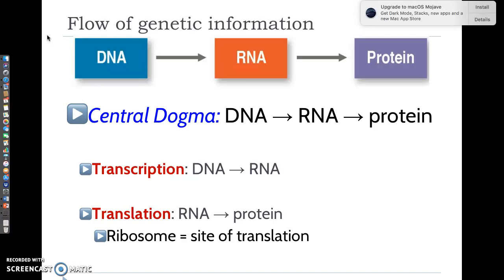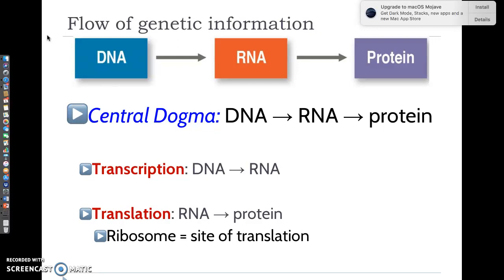This was figured out by Francis Crick, and the actual central dogma is going to take place in two steps. A process known as transcription, which is where DNA is read and RNA is synthesized. Translation is where the RNA is read and a protein is put together.